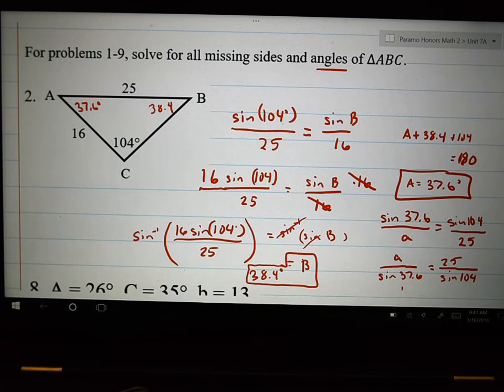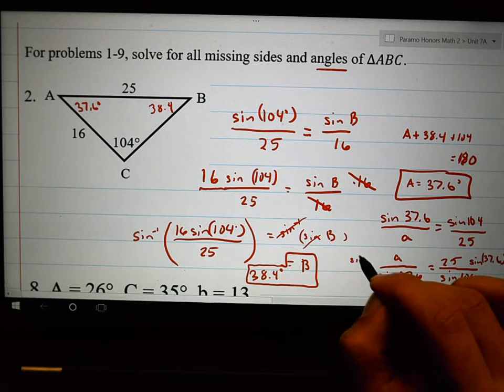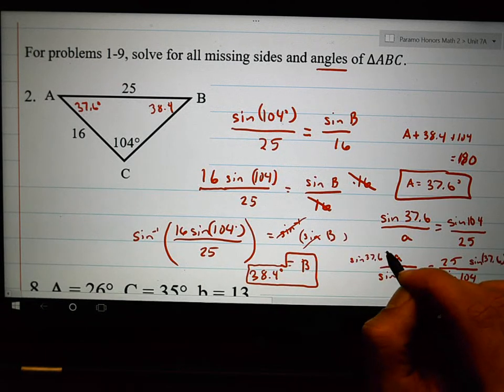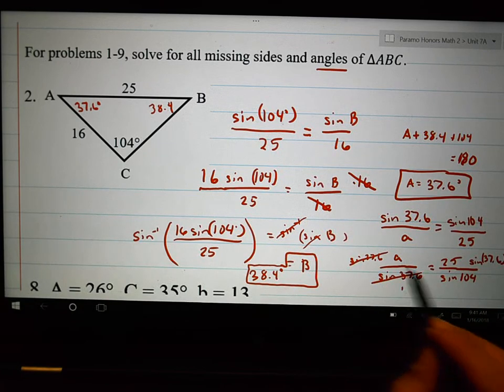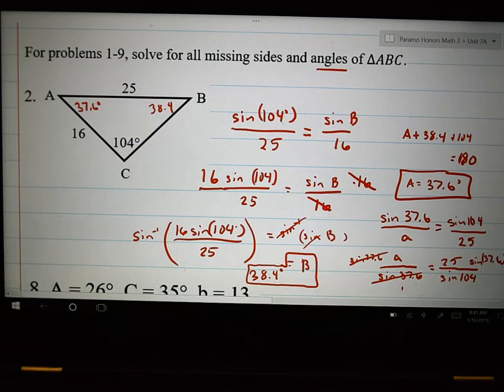And then what I'll do is times by sine of 37.6 and times by sine of 37.6. That and that will cancel out. So then I can figure out what a is. a is going to be 25 sine of 37.6 divided by sine of 104.